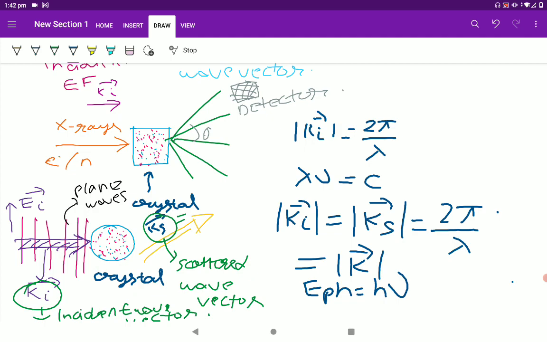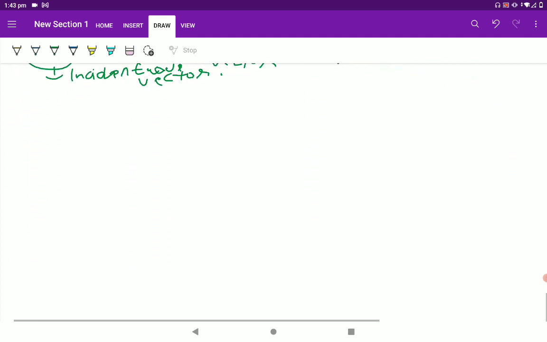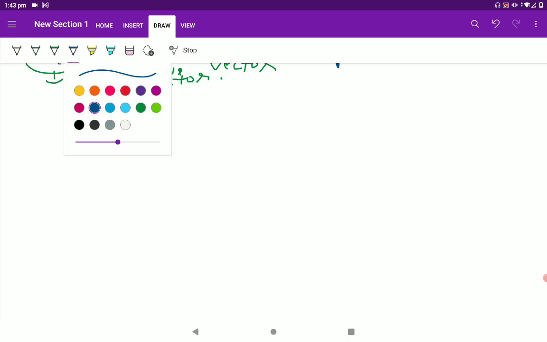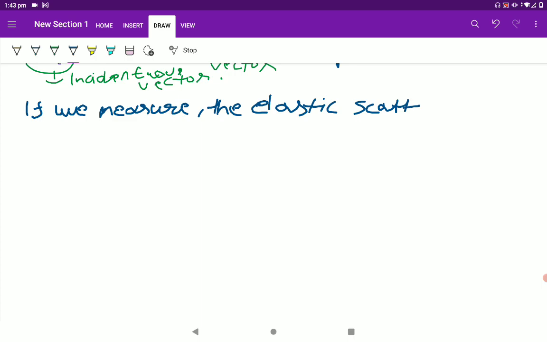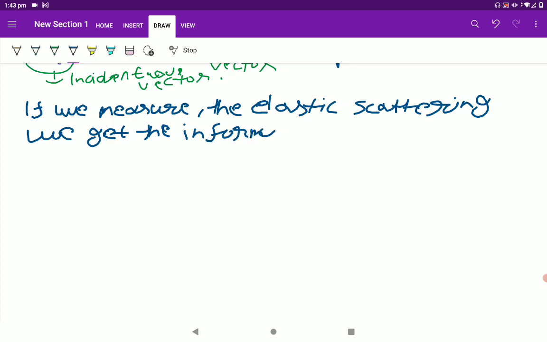If we measure the elastic scattering, we get the information of the position of atoms. Let me write.